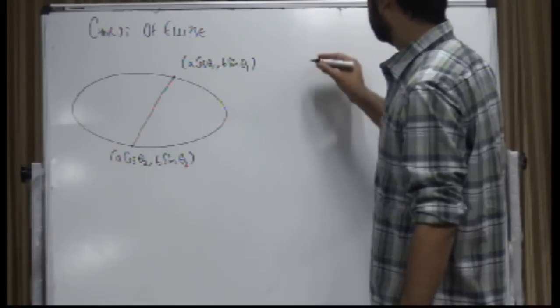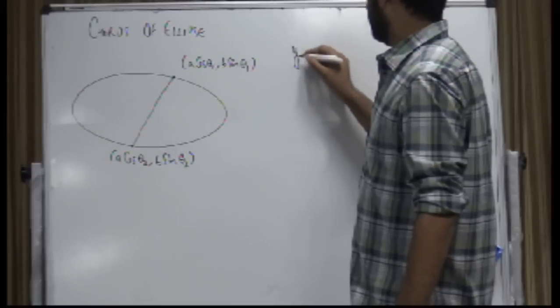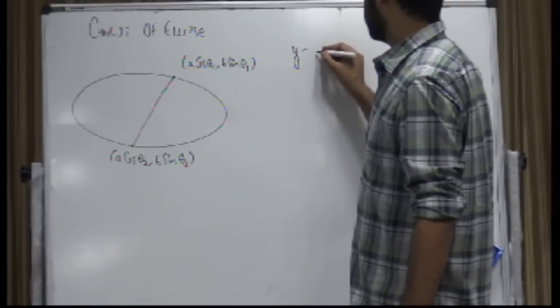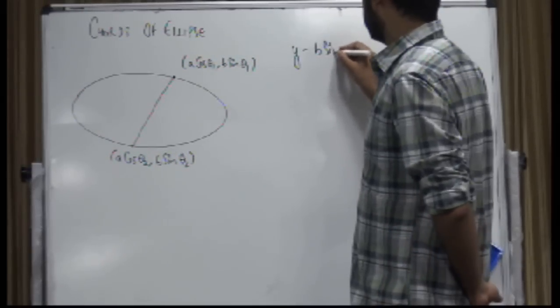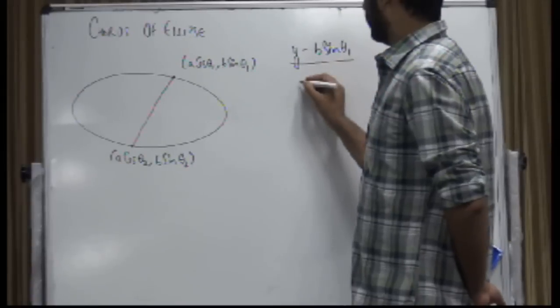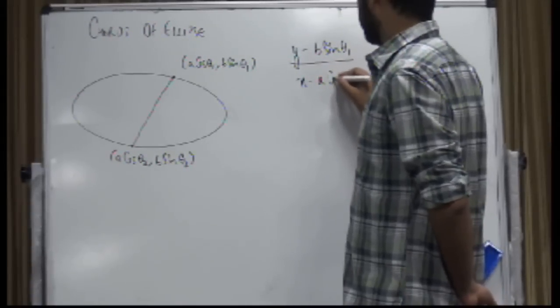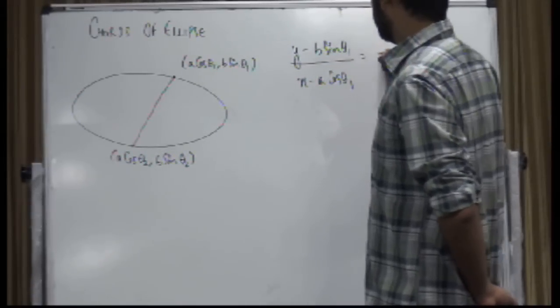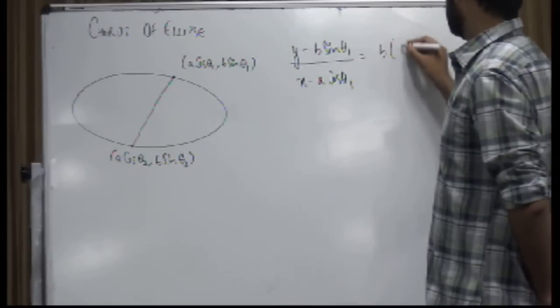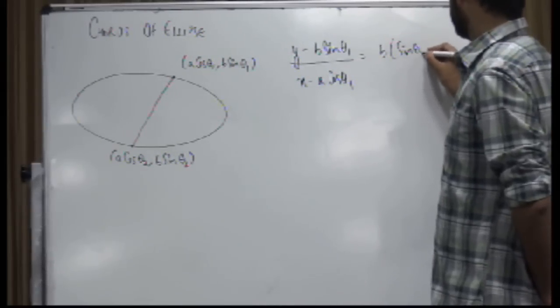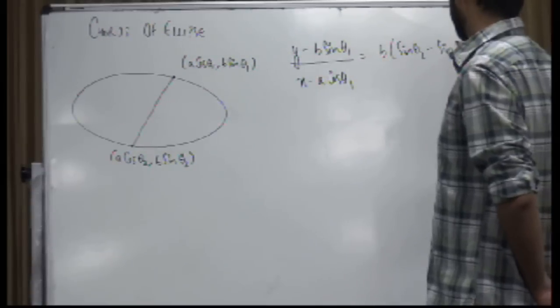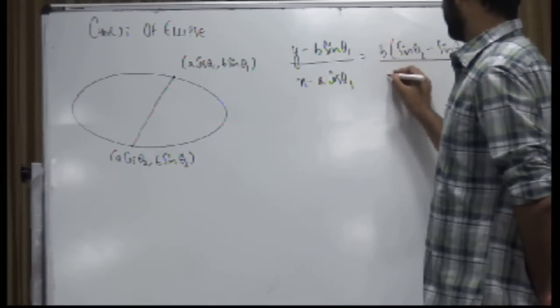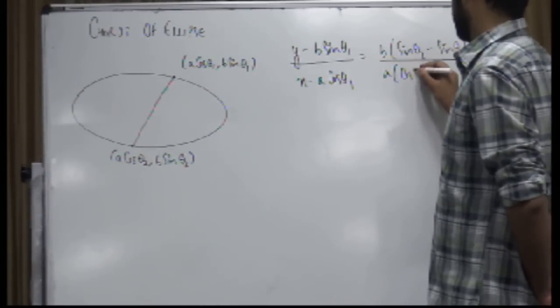So we'll get y minus b sin theta 1 upon x minus a cos theta 1 is equal to b times (sin theta 2 minus sin theta 1) upon a times (cos theta 2 minus cos theta 1).